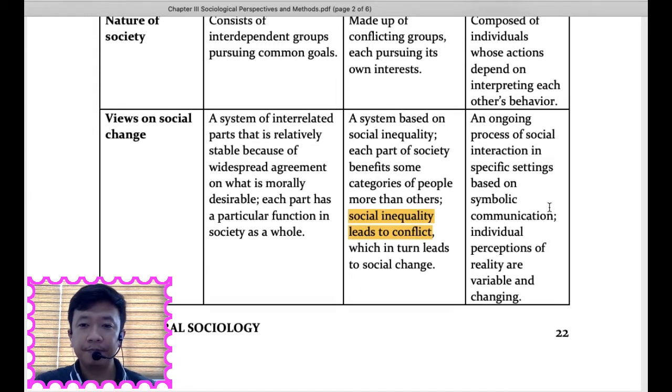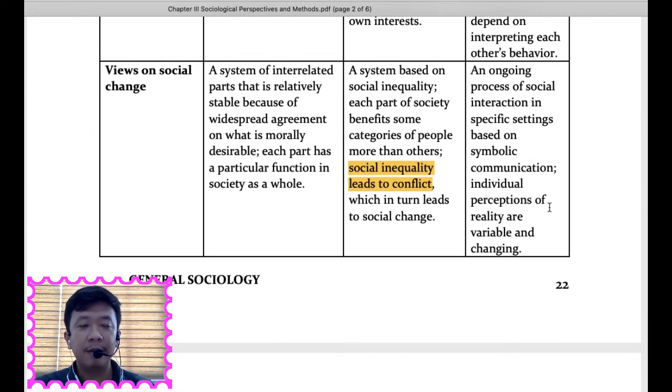Within sociology. For symbolic interactionism, yung meaning making, yun yung source ng change. No? So ibig sabihin yung engagement natin, interaction natin with others will have an impact if the meanings that we create will be subjected to change. Okay?